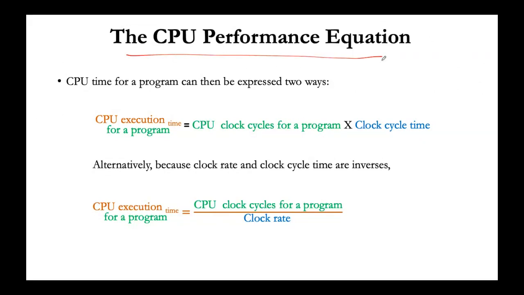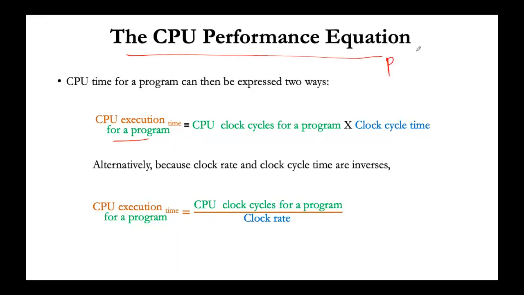To measure the CPU performance in a realistic way, we need a model of computation. In the simplest case, we start with the number of CPU cycles defined for a program. So in the CPU performance equation, you can write the CPU execution time for a program.